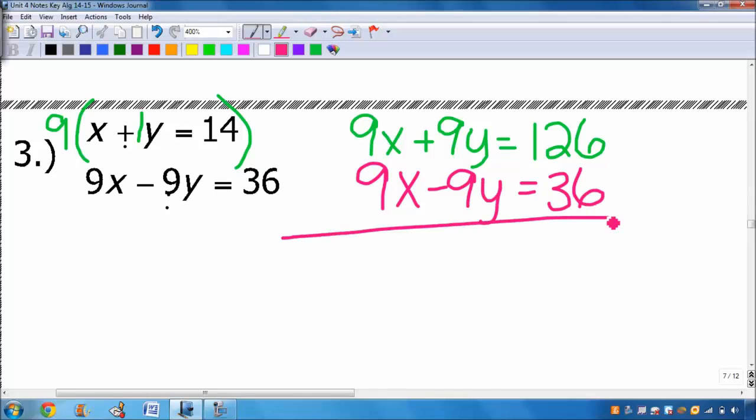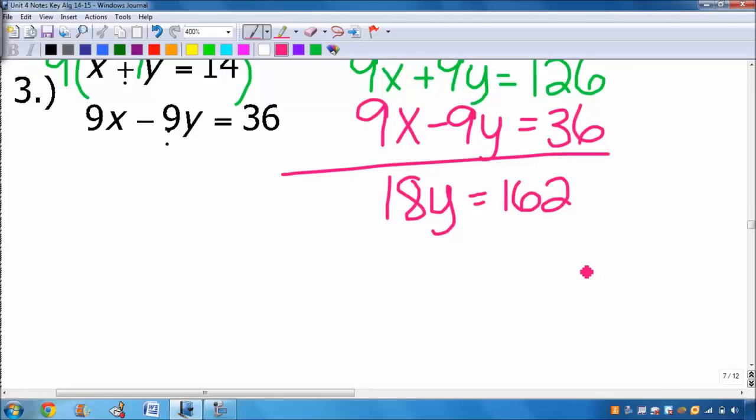Okay, so now all I have to do is combine my like terms. 9x plus 9x is 18x, right? And then this 9y and this negative 9y will cancel each other out, and I just have to add 126 to 36, which would give me 162.